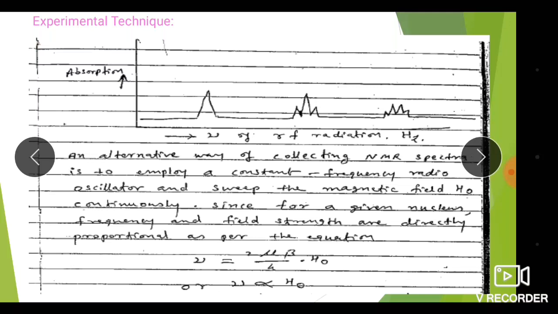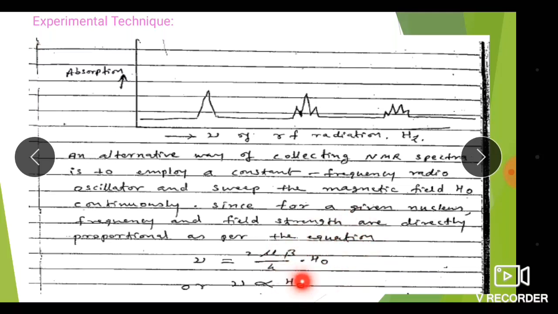An alternative way of collecting the NMR spectrum is to employ a constant RF frequency radio oscillator and sweep the magnetic field H0 continuously, since for a given nucleus, frequency and field strength are directly proportional as per the equation nu is equal to 2 mu beta H0 divided by h.